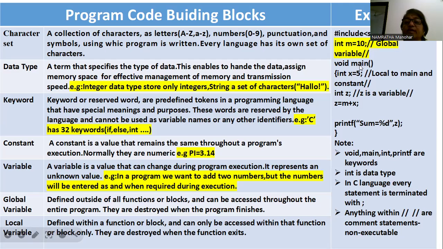Then the one declared in the main is called a local variable or local constant. X is equal to 5. That's the constant. Now coming to int z, I have not given any value here. That means it is a variable. X is a constant, z is a variable. So z needs to be accepted at the time of execution from the user.